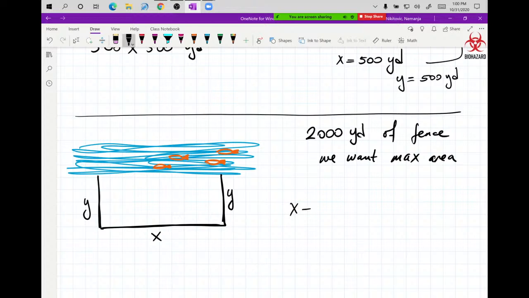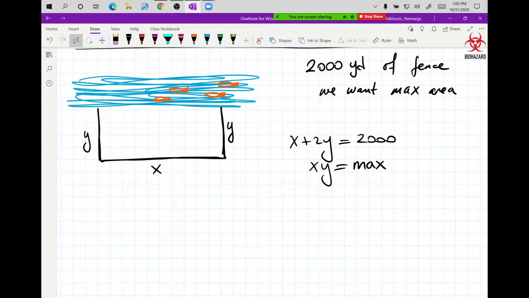You have x plus 2y equals 2,000, and you still want your area to be maximum because you want the maximum amount of land, right? So you can put as many sheep or whatever, right? It could be a garden, it could be orchard, it could be plot for the house, right? So you always want the maximum area that can be enclosed with this.